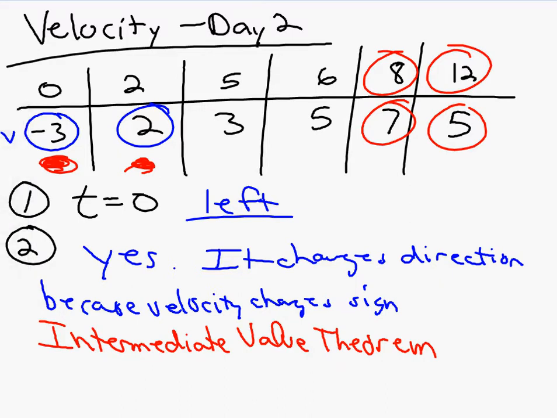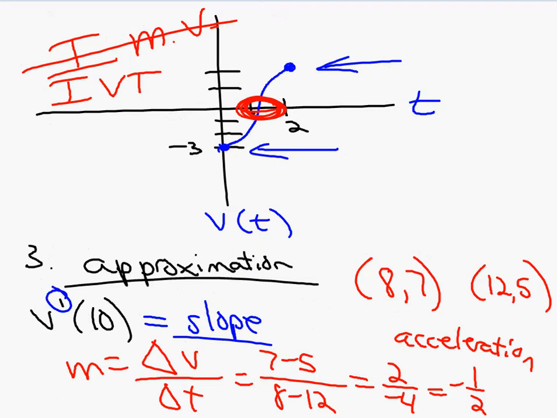Now remember, we were given velocity values, and I know my table's getting messy here, but that's okay. If you look at the velocity, we can see that we start at -3, and we go up to 2. Isn't the velocity increasing at this point? Yeah. Increasing, increasing, increasing, increasing, decreasing. Now, if we're talking about velocity values, this is a good place to come back to my intermediate value theorem graph. -3 at time 2, it was up to 2.